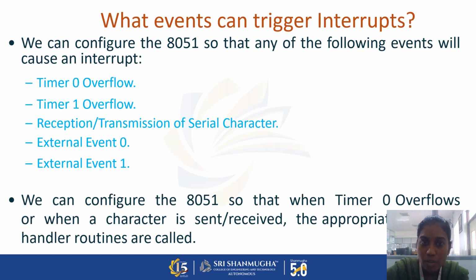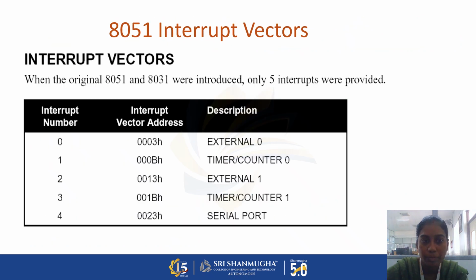What events can trigger an interrupt? Timers, serial transmission, either reception or transmission, and then external events, that is, external inputs given to the microcontroller by the user. These are the events that can trigger an interrupt. Now the 8051 interrupt vectors.